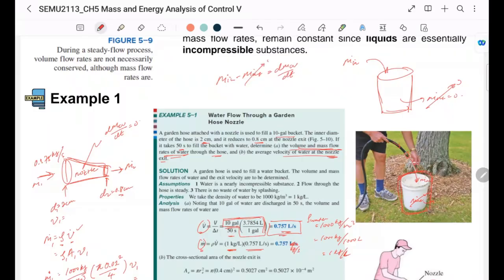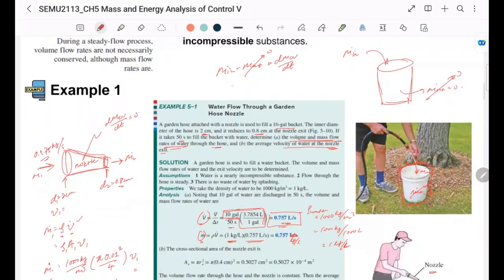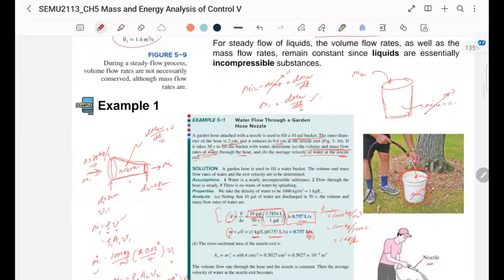So this is 0, so M1, which is this value, equals the change of the mass in the tank. That's what we apply here. So for the tank itself, it's not a steady system. There is a change in the mass. But across the nozzle, there's none. So that's what this example is trying to show you.